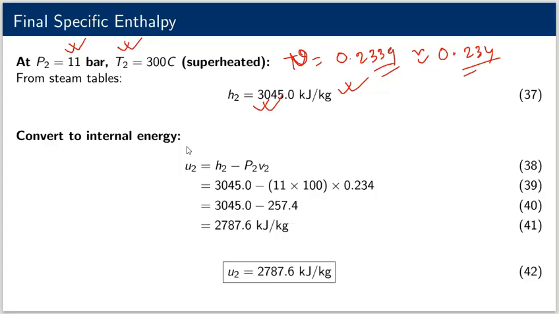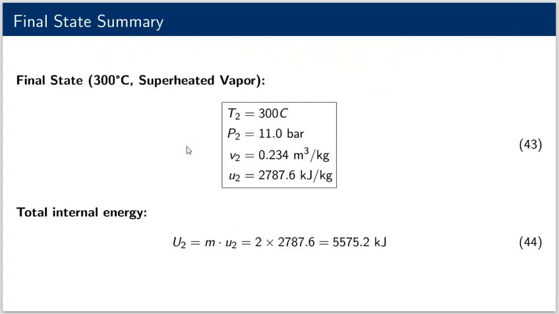As we know H2, we can easily calculate the internal energy required. U2 will be H2 minus P2 V2. P2, V2 and H2 we know, so we can easily calculate U2. So the final state is 300 degrees centigrade superheated vapor, and we get T2, P2, V2 and U2.